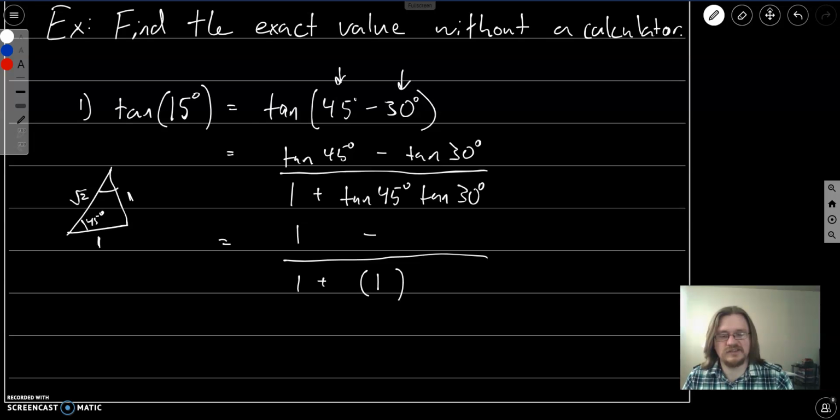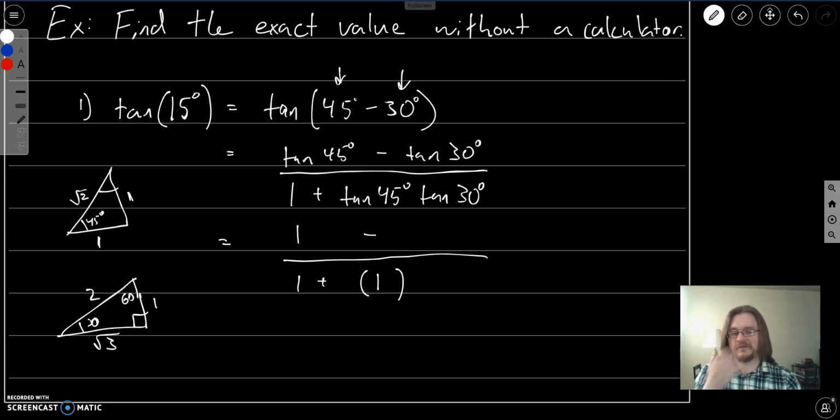So the last thing to do is the tangent of a 30 degree angle. So for a 30 degree angle, we've got our 30, 60, 90 degree triangle. And the way this triangle is laid out is that the opposite side and this hypotenuse are a 2-to-1 ratio, and this guy was the square root of 3.